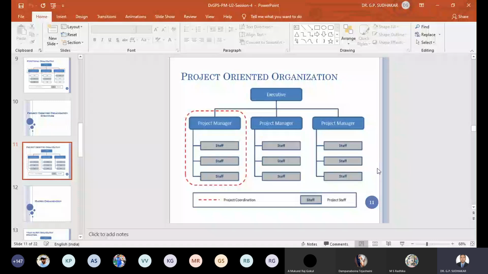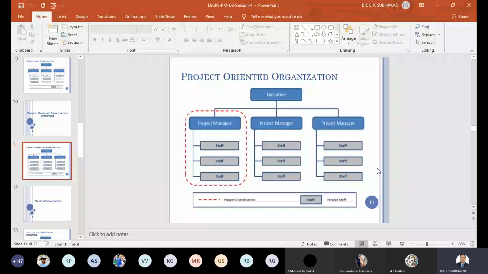That means project coordination is under the project manager's control. He has all the team members inside his team, and he has the resource authority also. Higher authority, higher power will be there in a project oriented organization structure for a project manager, right? The coordination is at the project manager level itself, within his team, right?